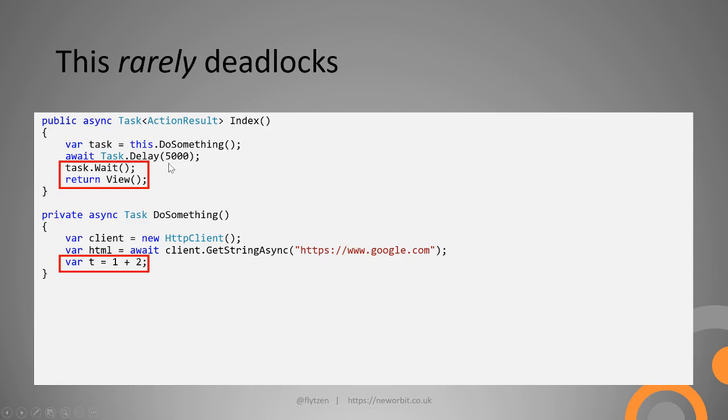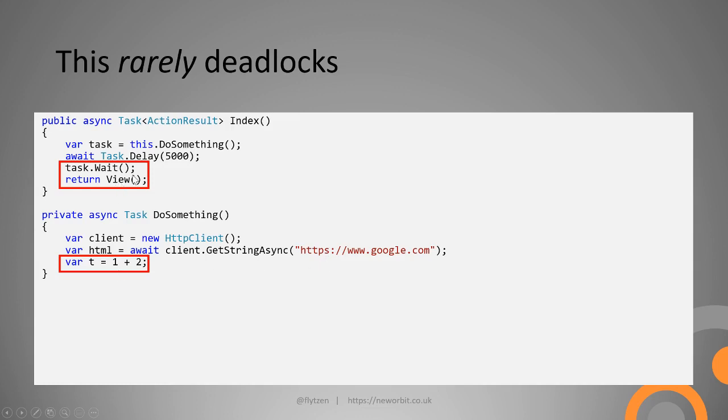However, when this code comes back, this will then block on the request context, and it will block the thread waiting for this to finish. So we're now blocking the request context here, and then when the call to Google that took 6 seconds returns, this can't run and we will deadlock.